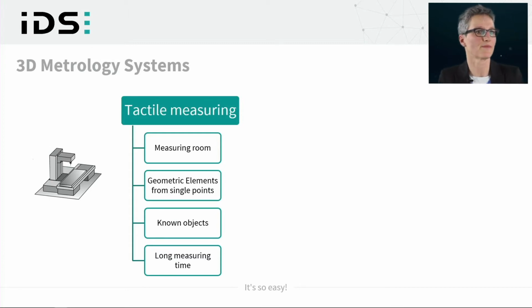This means that you have to know the objects. So the first part is normally measured with a joystick. You control the machine by moving the probe with a joystick towards the points you want to measure.